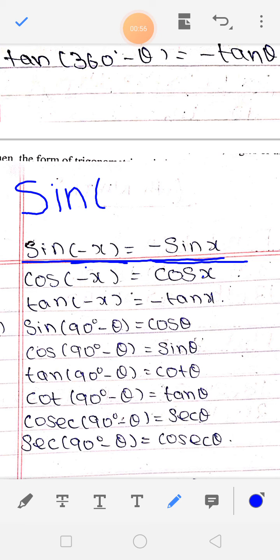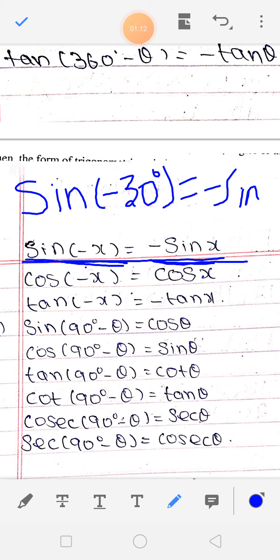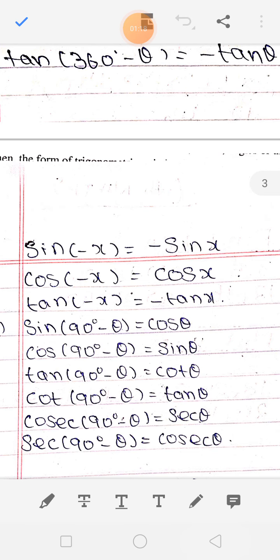So I can write sine of minus x as minus sine x. Suppose sine of minus 30 degree, I can write minus sine 30 degree. That's it. This is what we have to write.